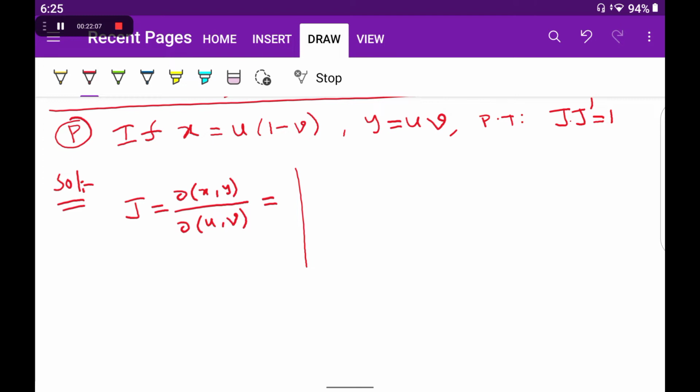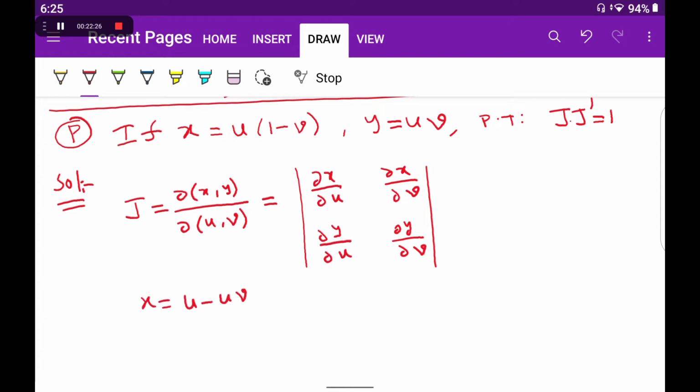Then it is ∂x/∂u, ∂x/∂v, ∂y/∂u, ∂y/∂v. Right? What is x? u minus uv. What is y? uv.